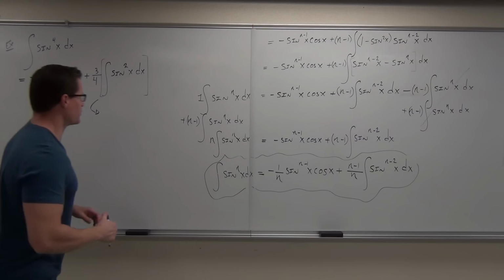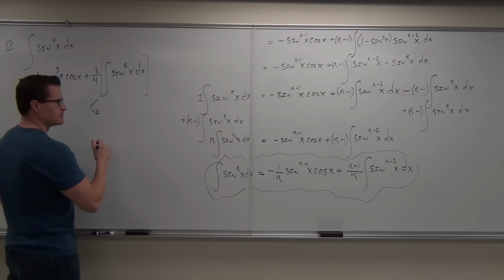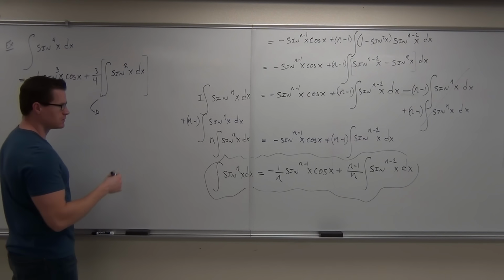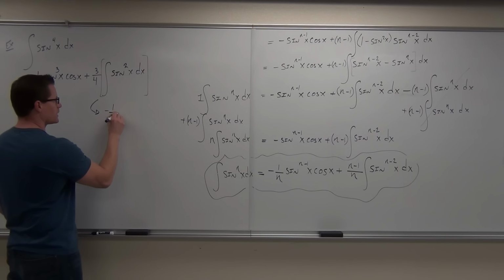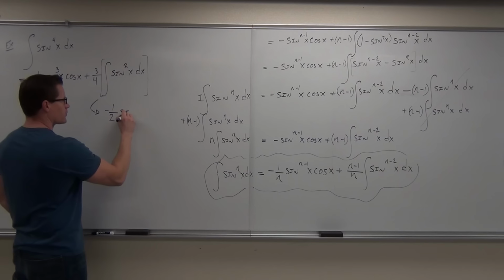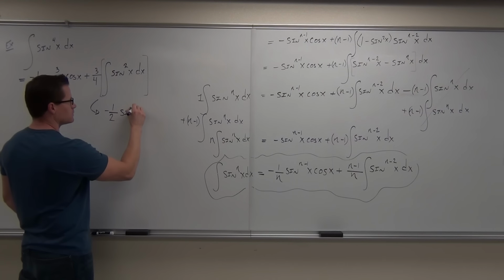Okay, what's our n again, people? Negative 1/2. What's our n? 2. So just plug in the 2 everywhere you see the n. 2 minus 1 is 1. That's cool.